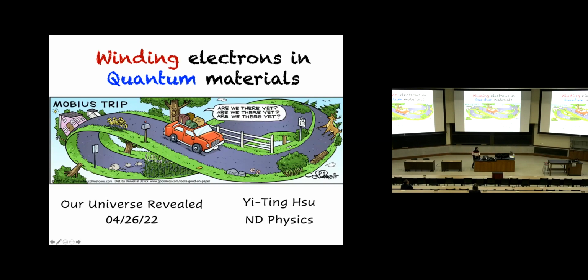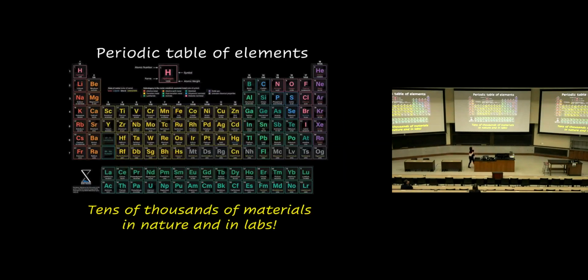So talking about quantum materials, a good starting point would be the periodic table of chemical elements. All these symbols here just represent different kinds of atoms that can exist in nature or in labs. The purpose of showing this huge table is of course not asking you to read those.